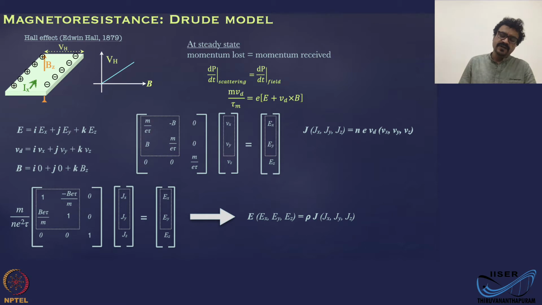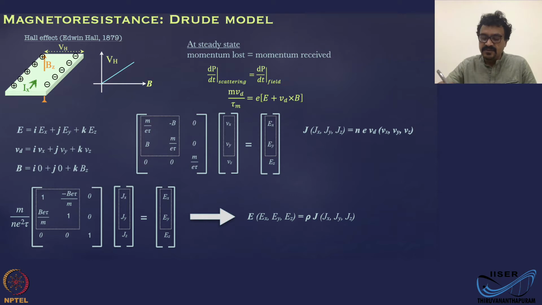Now what we are doing here is looking at the action in terms of the various components of this field. We have the field separated into x, y, and z components, the drift velocity v_x, v_y, and v_z, and the B field, which we have applied only in one direction, that is B_z. That is the only component I am going to consider. Once we substitute these three in this equation, you can generate this matrix.